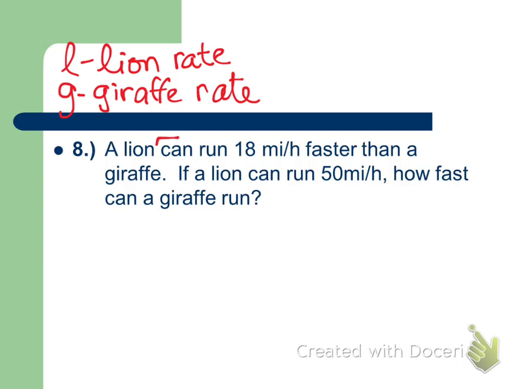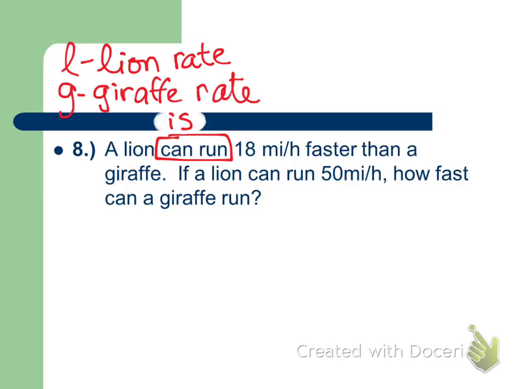But if I were to replace the words can run with the word is, would this still make sense? A lion is 18 miles an hour faster than a giraffe. Okay, so I can think of this part as my is. Does that make sense? That's where my equal sign goes.